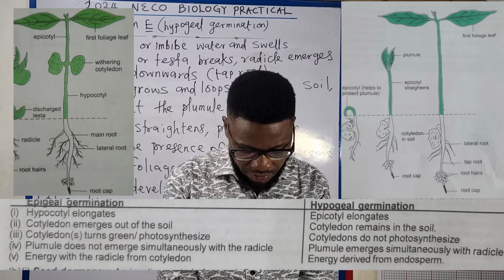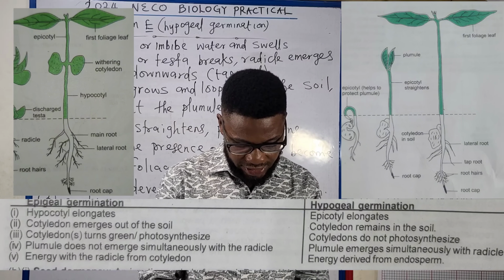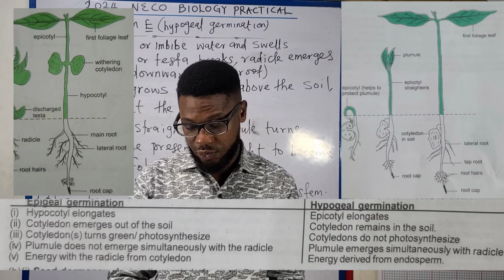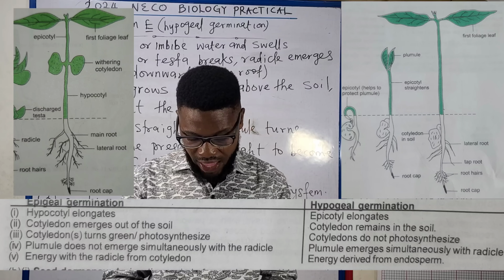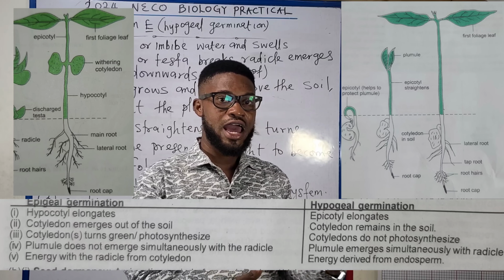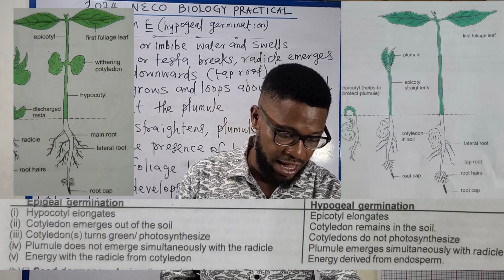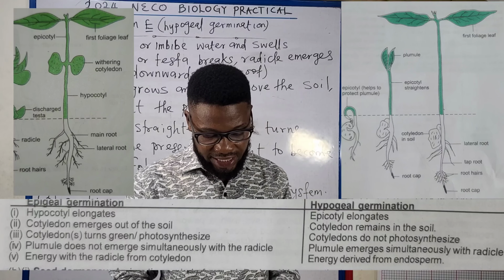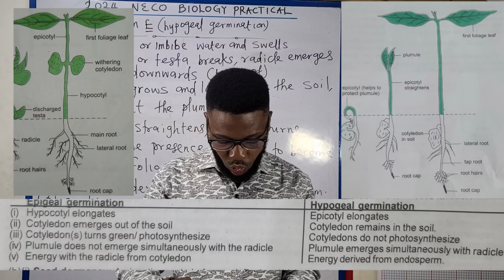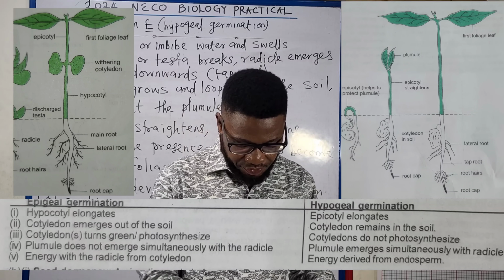Now, in epigeal germination, difference number 3, since the cotyledons emerge, they turn green and also photosynthesize. No wonder you see in the diagram that the cotyledon in the case of epigeal germination for specimen D is painted green. But in the case of hypogeal germination, cotyledons remain in the soil, so they do not photosynthesize.